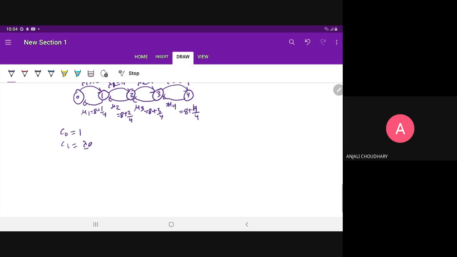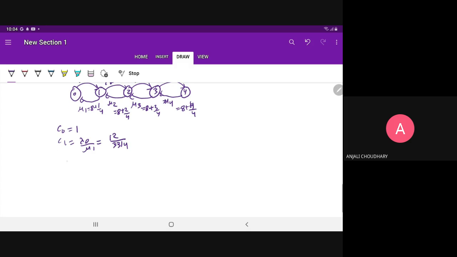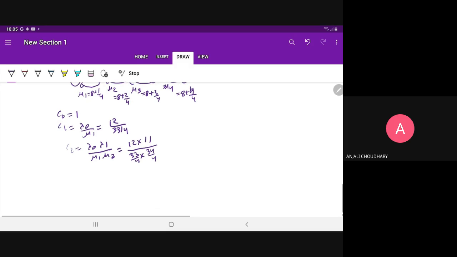So from here if you compute, C0 is always 1, then C1 is lambda 0 upon mu 1, so this is 12 upon 33 by 4. And C2 is lambda 0 lambda 1 upon mu 1 mu 2, so it is 12 into 11 upon 33 by 4 into 34 by 4.